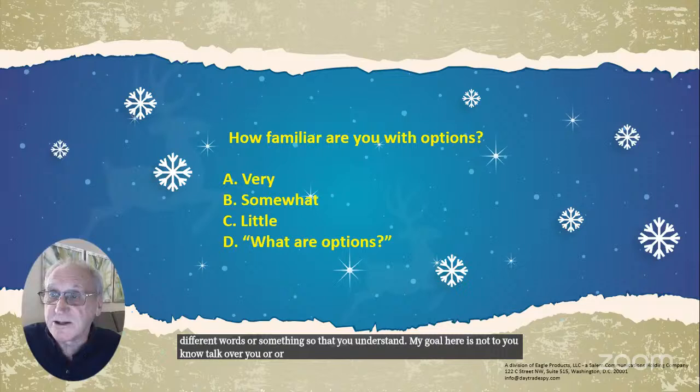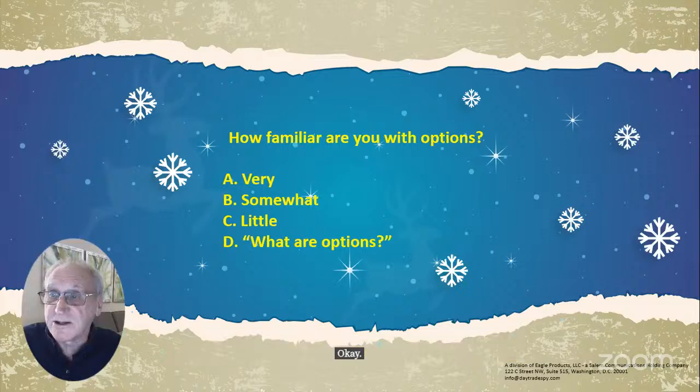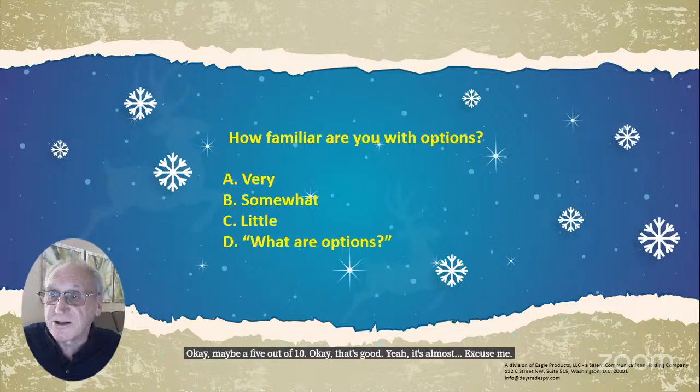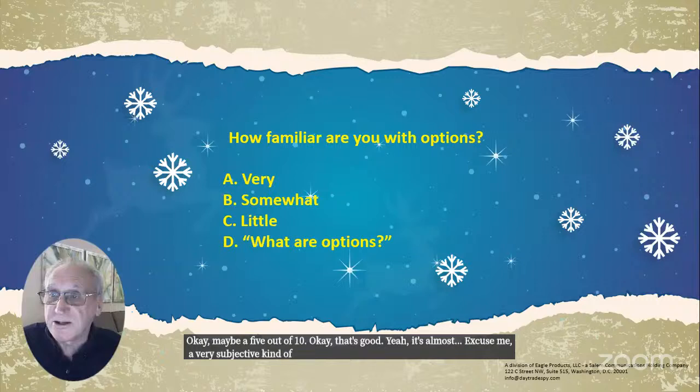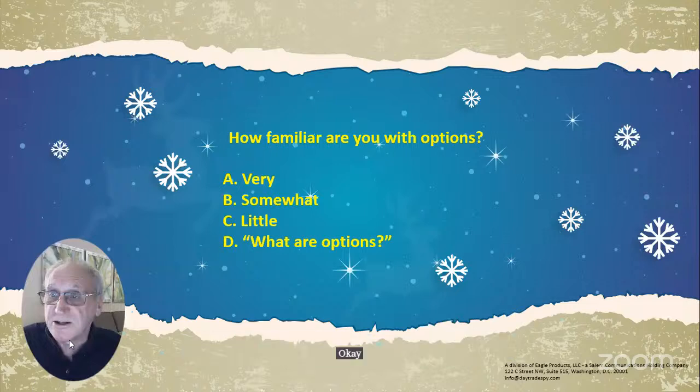Just scrolling down the list here, mostly A's, a few B's. Maybe a 5 out of 10. That's good. It's a very subjective kind of self-assessment. I like that, Ken. B plus. Lots of A's, lots of B's.